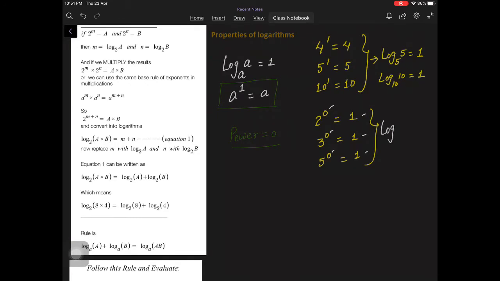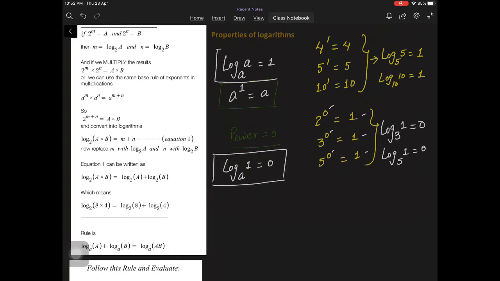So 3 power 0 is 1, so log of 1 with base 3 should be 0, because the result of a log is actually the exponent. So you can see two examples with log 1, either base 3 or 5, both are 0. So we can generalize: log with any base a of 1 is always 0. So that's the second rule, you can say.